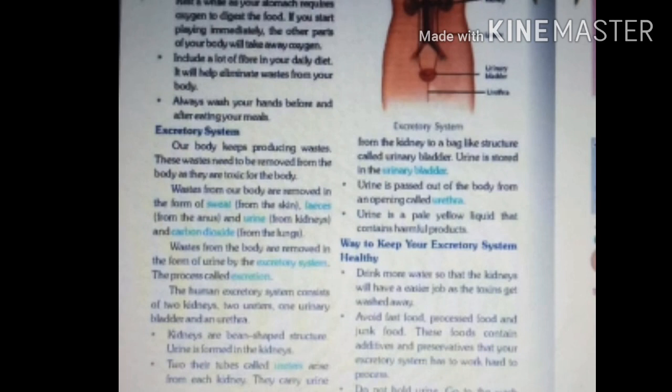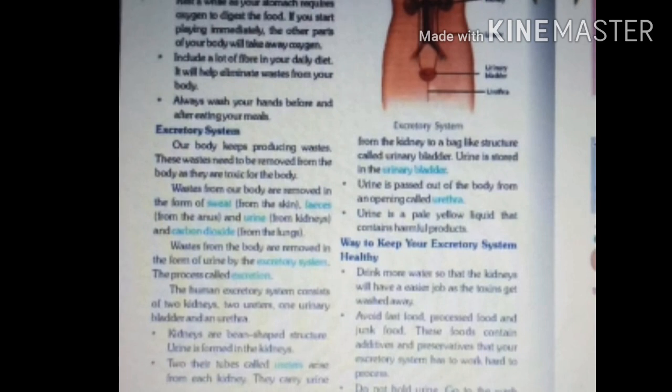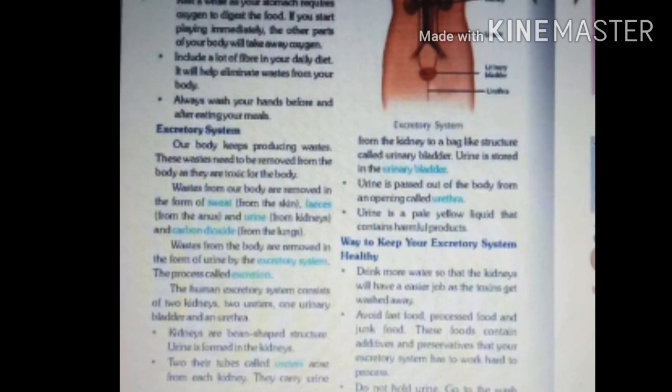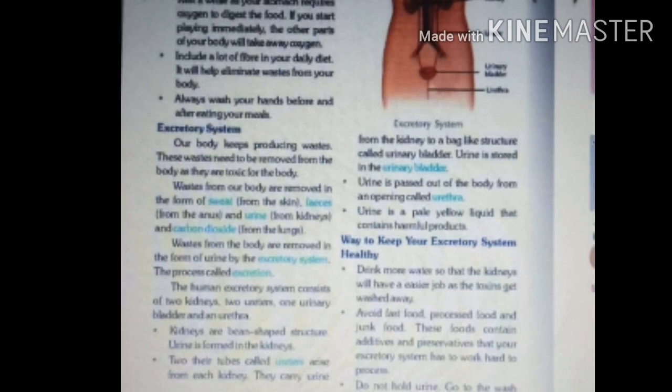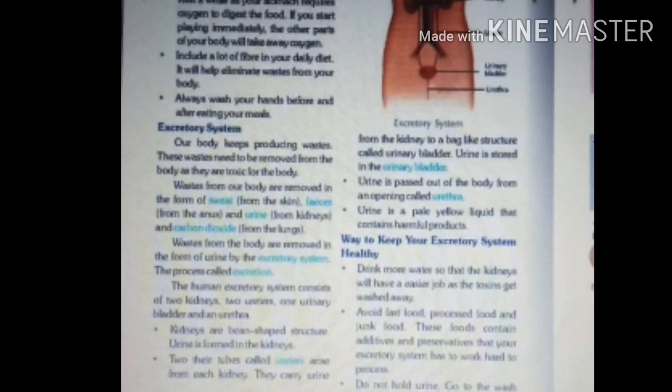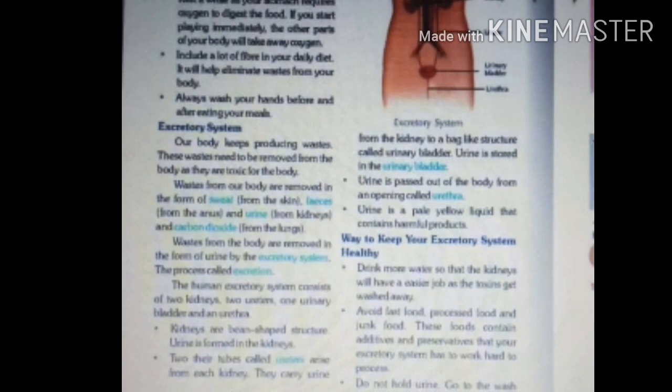Now these are some ways to keep your excretory system healthy. What you have to do to keep your excretory system healthy? First of all, drink more water so that the kidneys will have an easier job as the toxins get washed away.